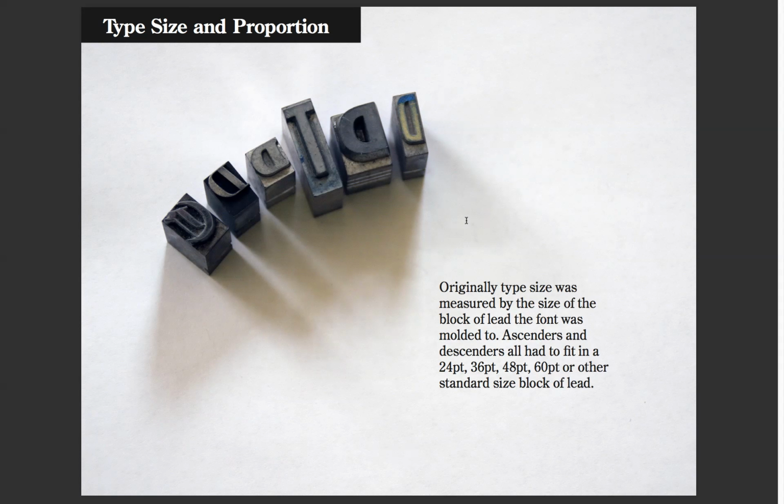And the sizes that you see when you go to pick measurements of type on the computer are the standard sizes that type used to be made in, like 24 point, 36 point, 48 point, and so on. When it was made out of lead, they didn't have like 47-point type, even if you needed it.